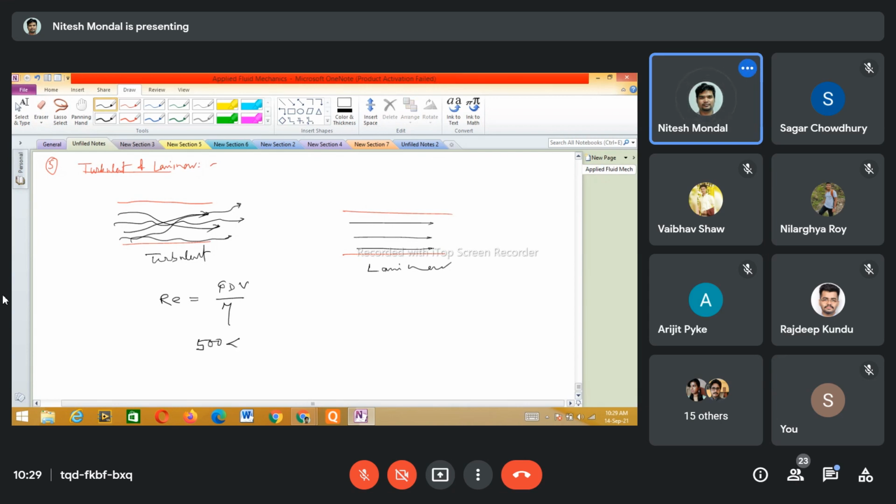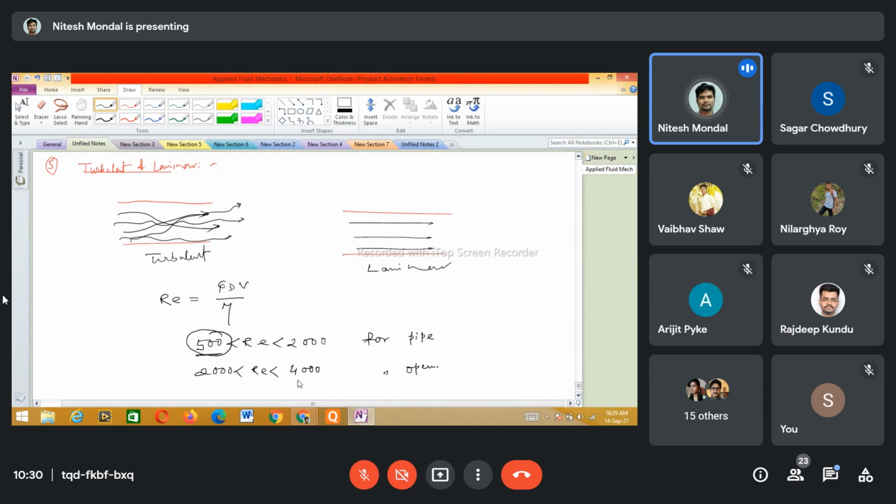When Reynolds number is less than 2000 for pipe flow, this is the range, and another range is 2000 to 4000 for open channel. So when the Reynolds number is less than 2000, this is known as laminar flow inside the pipe.